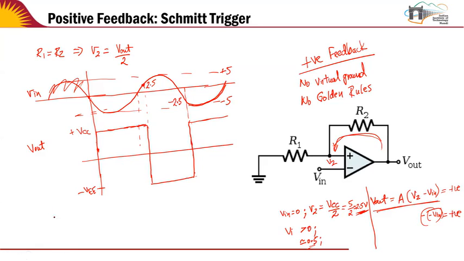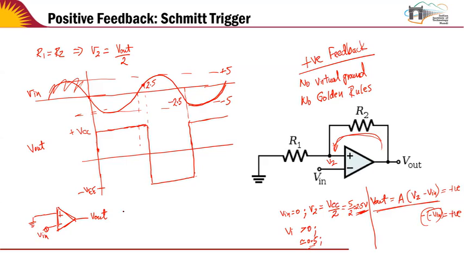If I had the basic comparator, and this is V out, and there is the positive and negative terminal, and let's assume that the positive terminal is grounded, and then I'm giving the input to the negative terminal Vn.